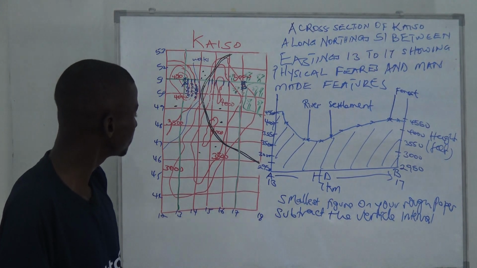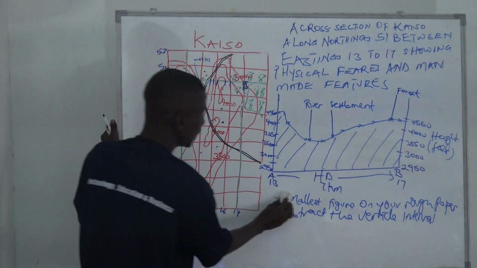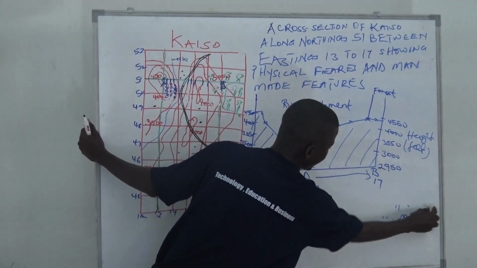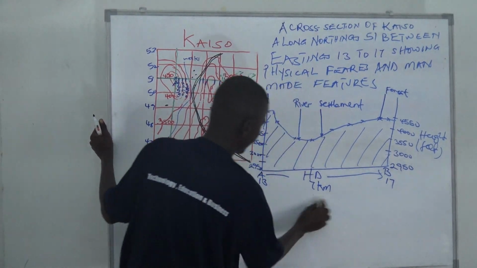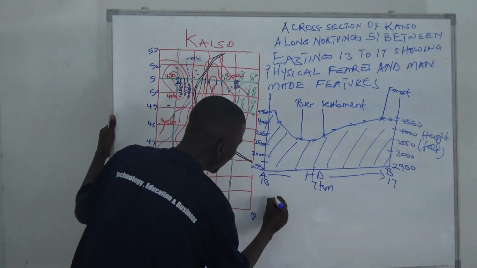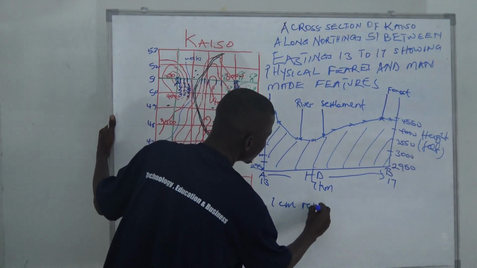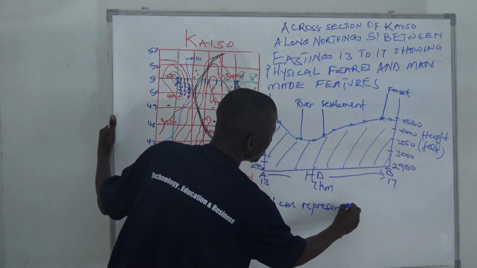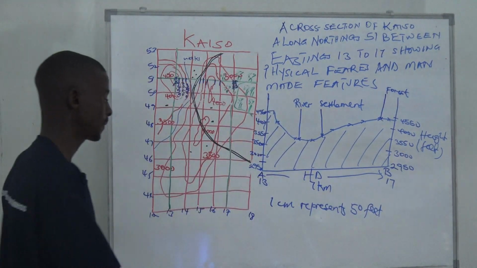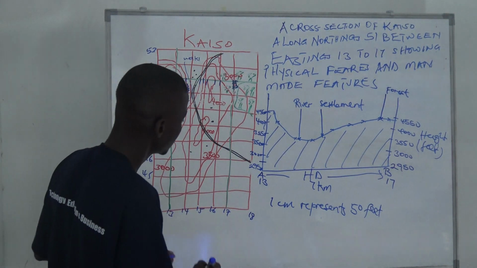So after that, you write a scale. Have a scale: 1 centimeter represents 50 feet. Usually the scale may not only be in centimeters.